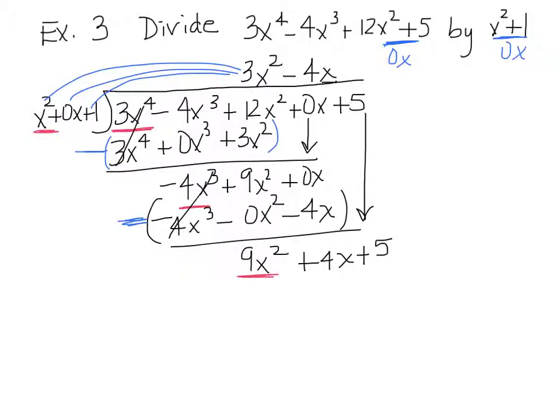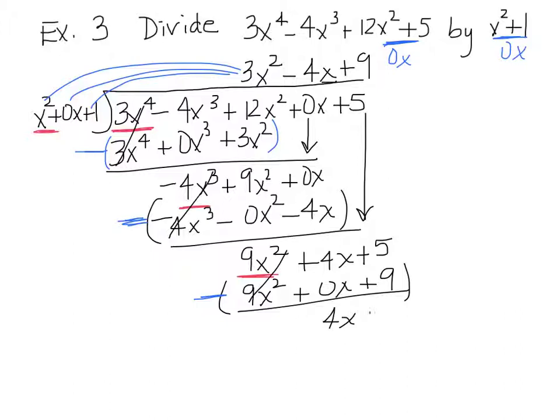X squared into 9x squared gives us positive 9. Then I distribute: 9x squared plus 0x plus 9. Then I'm going to subtract. This is gone. And 5 minus 9 is negative 4.